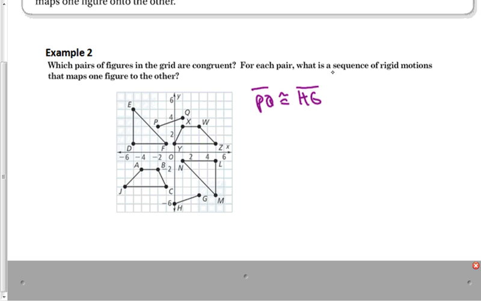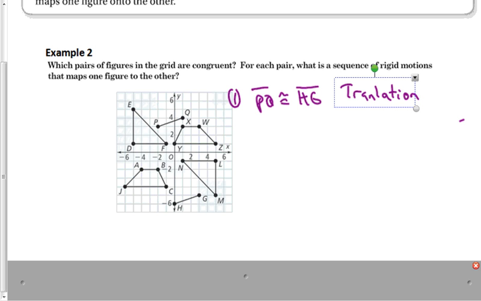I could be wrong, but I'm fairly certain that if you just translate it down 1, 2, 3, 4, 5, 6, 7, 8, 9, and to the right 2, they would be right on top of each other. So we're just going to say a translation will make that work.